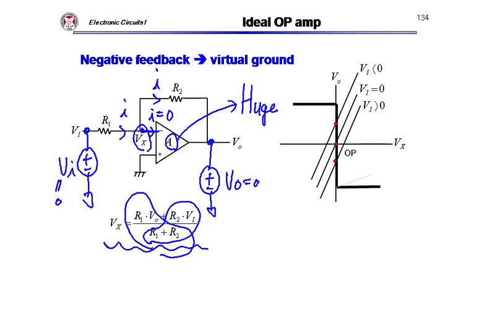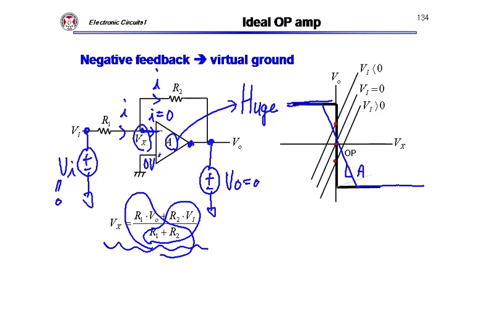So then I know the op-amp characteristic. This is where Vi positive is 0, and my op-amp characteristic will look like that. This is A. If A is large, it should be like that.